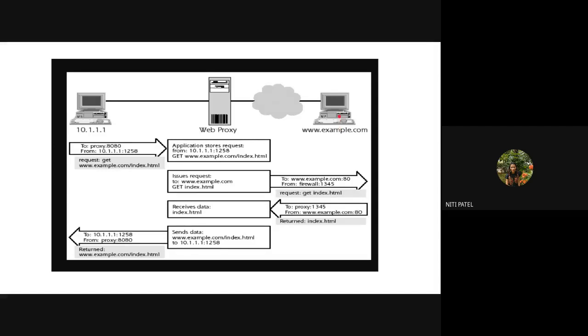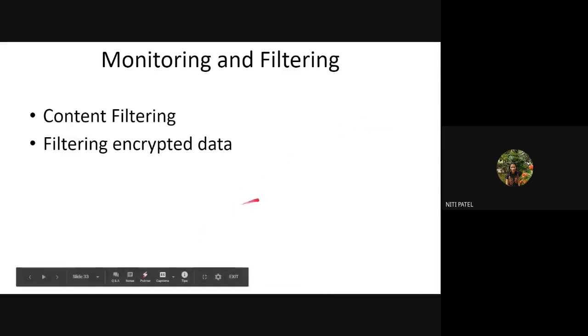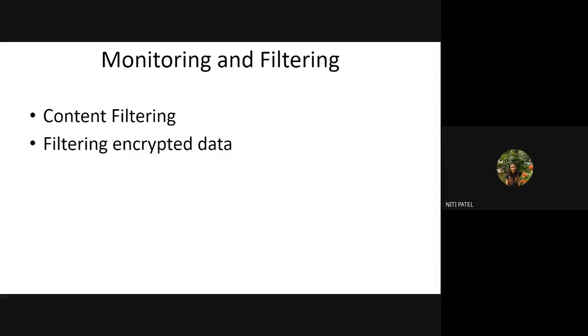But to hide these details from both of them, it filters the data as well as encrypts the data, so that none of them knows which machine the data is coming from and which machine the request was coming from. So this work of monitoring, filtering and encryption is done by the proxy server, and it is not done by your real server, nor at the client end.